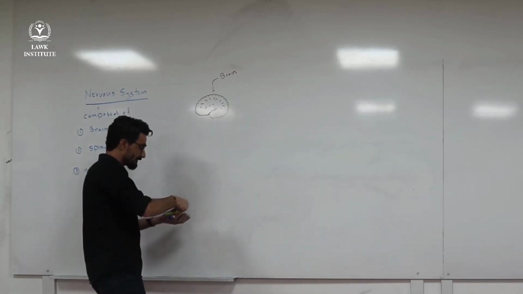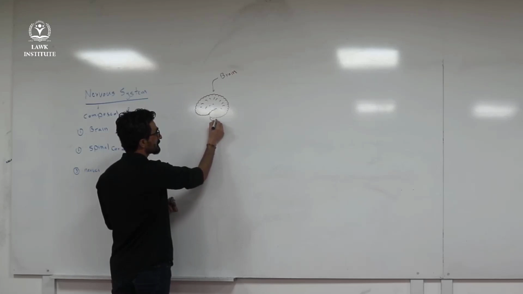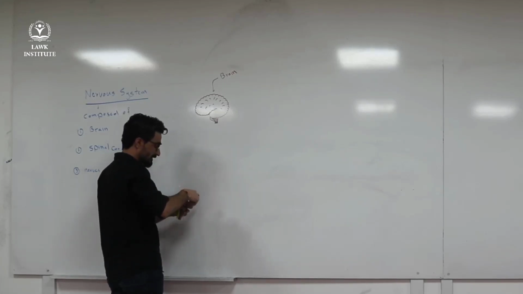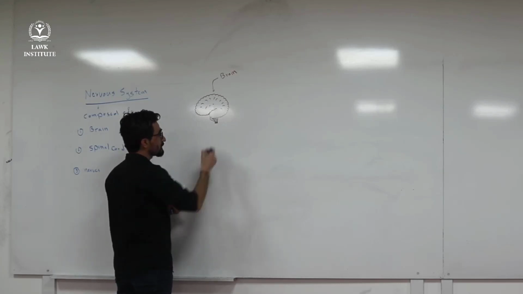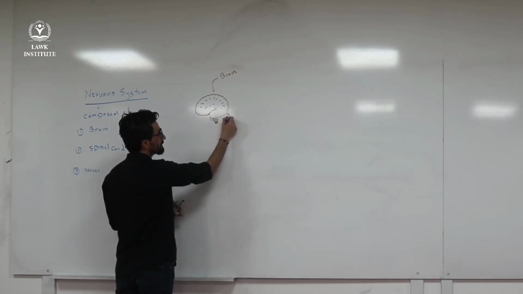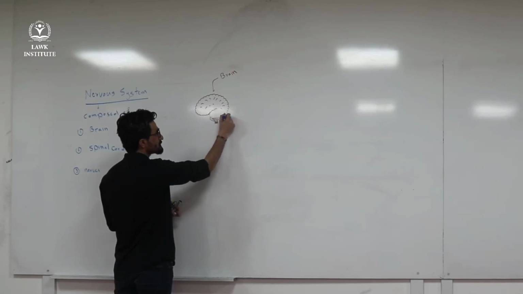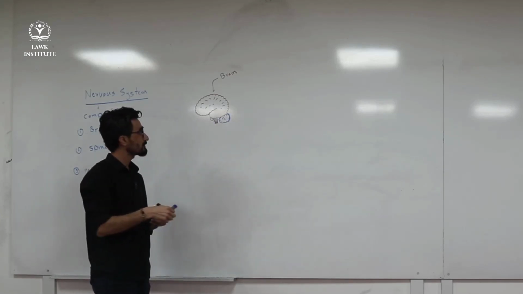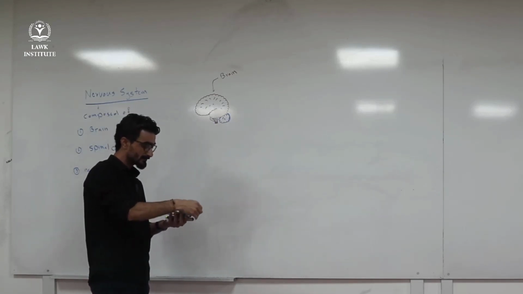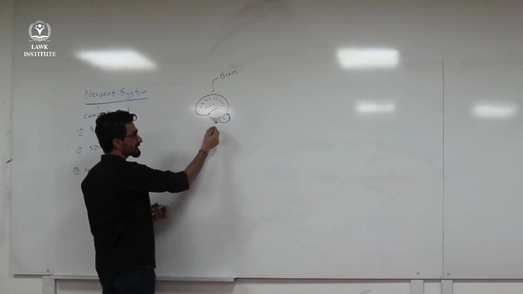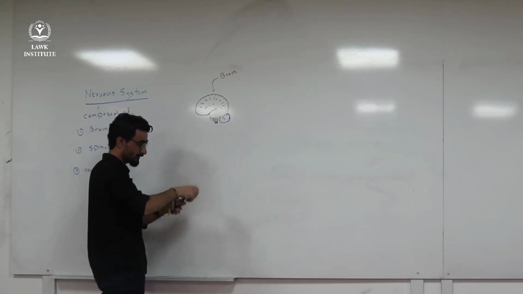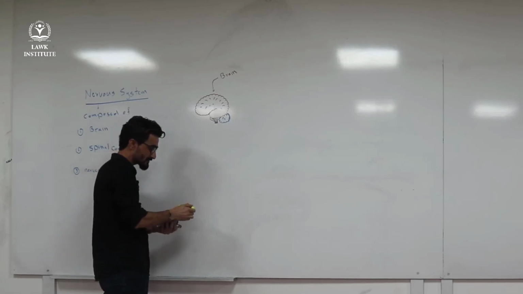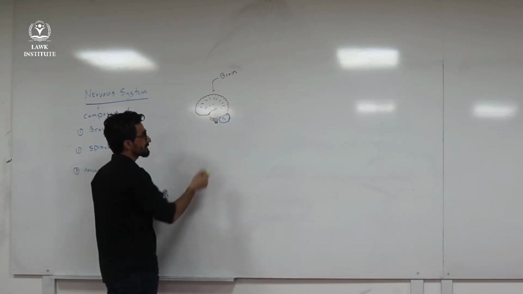And right below the brain, we have another component, this blue one, which is a part of the brain called the cerebellum, and the black one, which is also another part of the brain called the brainstem. But today I'd like to focus on the second part of the nervous system, which is known as the spinal cord.